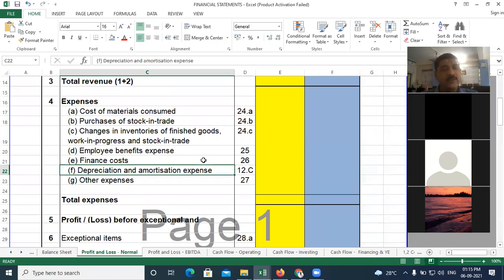So the amount that reduces the value of a fixed asset is called depreciation. Every year, or over a certain period of time, maybe 5 years, 6 years, the amount is deducted from the value of the asset. So depreciation, again, is the gradual reduction in the value of an asset.